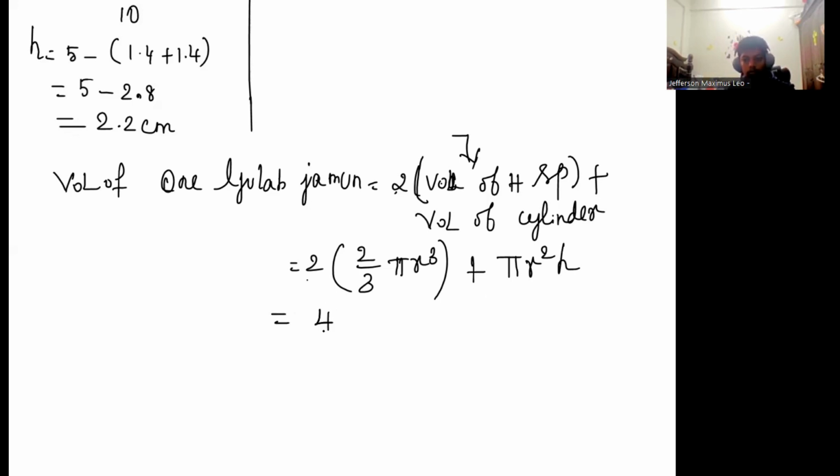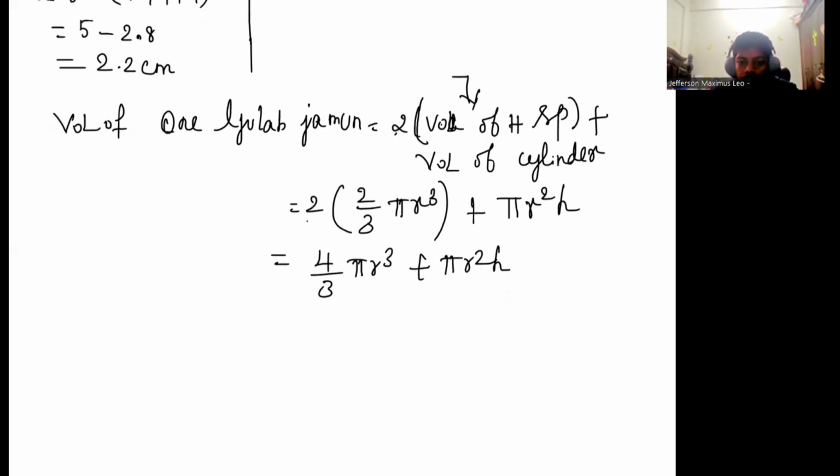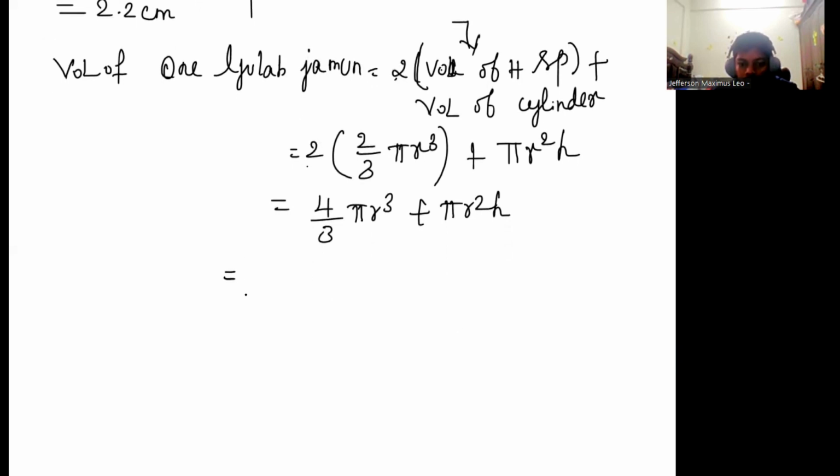So we know that this is 4/3 pi r cube and pi r square h, and this equal to, okay, write everything. 4 by 3, pi, keep as it is, pi, r cube is 1.4 the whole cube, again pi r square, 1.4 the whole square times 2.2.